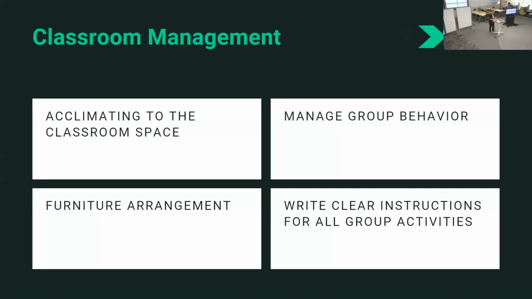Okay, so another thing you have to think about is managing, which is another topic. You need to identify how the students will be seated in these classrooms. As we talked about earlier, if you're doing two different classroom sessions, work that out beforehand. And when you come to the classroom, say, okay, this is how I want my tables.